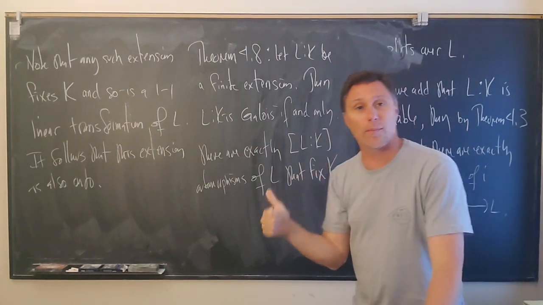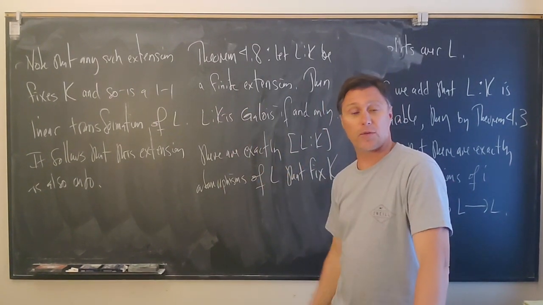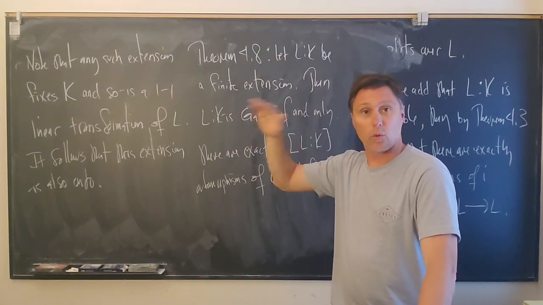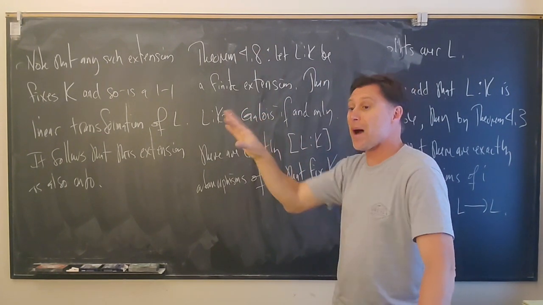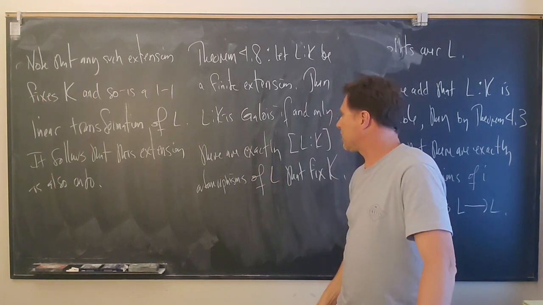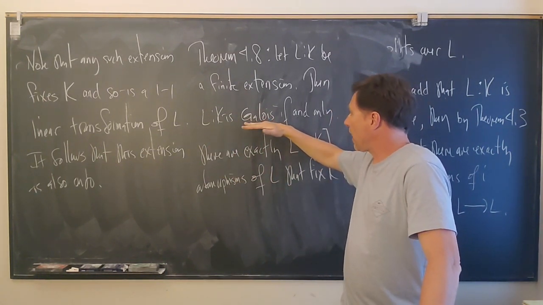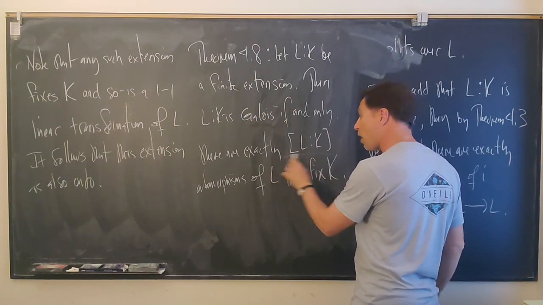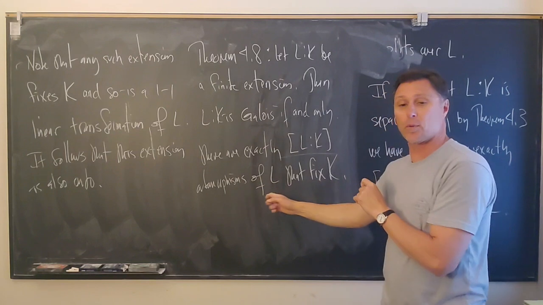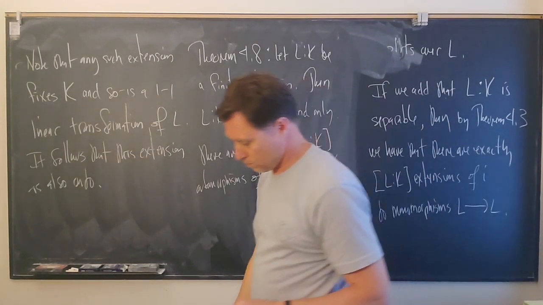This is why we like finiteness plus normality plus separability. We did hard work on normality and on separability, and combining those two along with finiteness gives us this notion of Galois extension. And we like Galois extensions because it allows us to count exactly how many automorphisms of L there are that fix K.